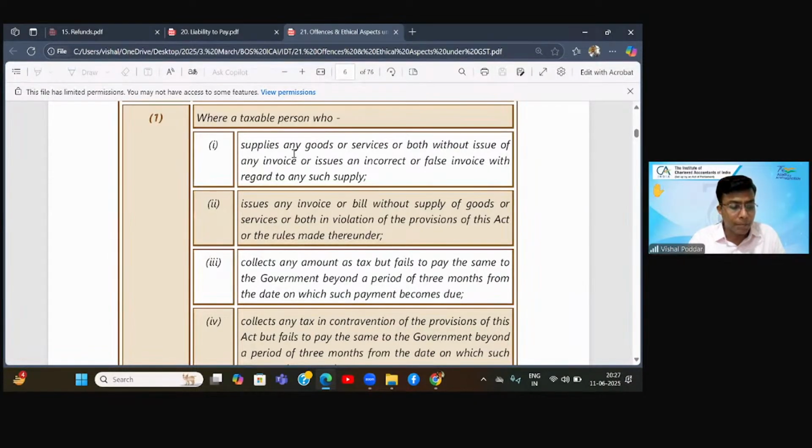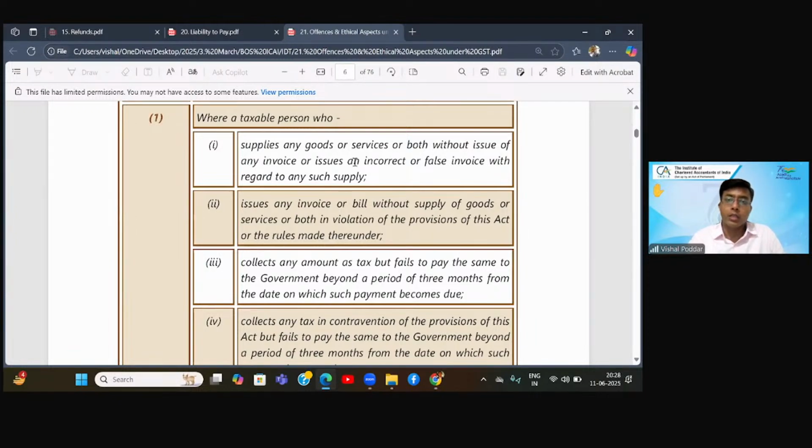I hope this is clear. So when you are supplying goods or service, but you are not issuing invoice, in this particular case, this becomes a clear-cut case of fraud, or I will say intention to evade tax.